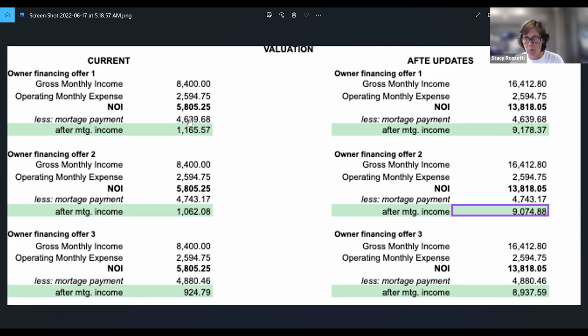And then you minus the mortgage, which is the number that we came up with on our table. And then after that, this is the cash flow number. Okay. So you have the monthly income minus the expenses is the NOI, minus the mortgage is your cash flow.